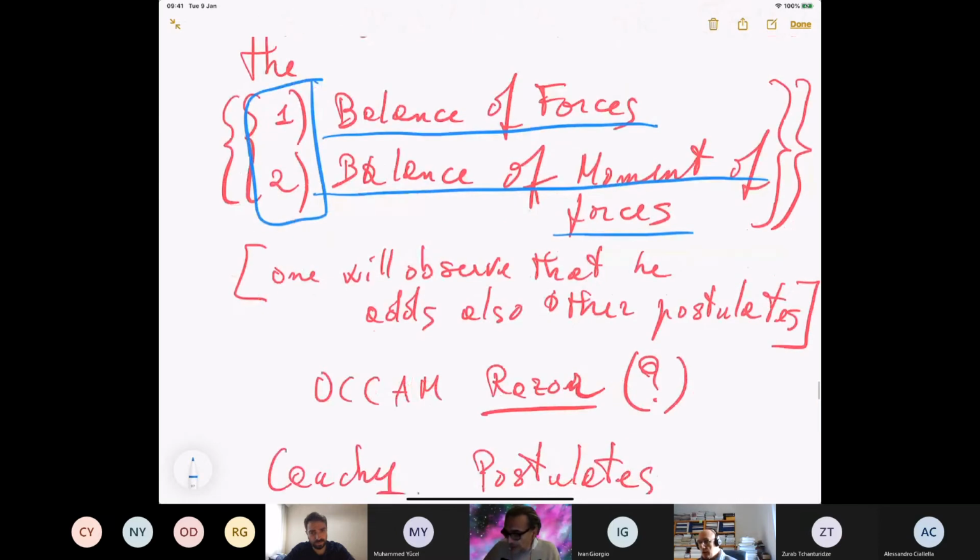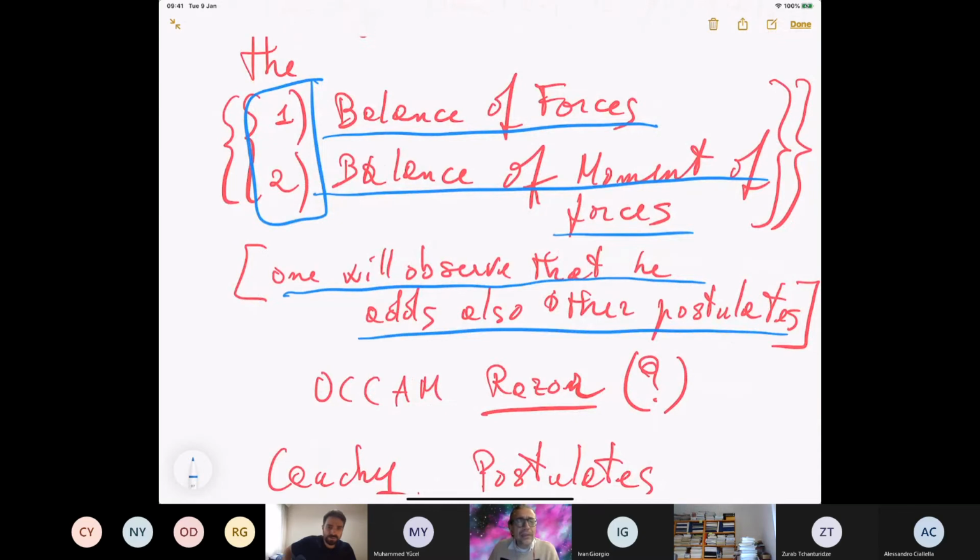By the way, one will observe that he adds also other postulates. So-called Cauchy postulate. Then when he has written stress, he needs to postulate the existence of objective constitutive equations for stress.